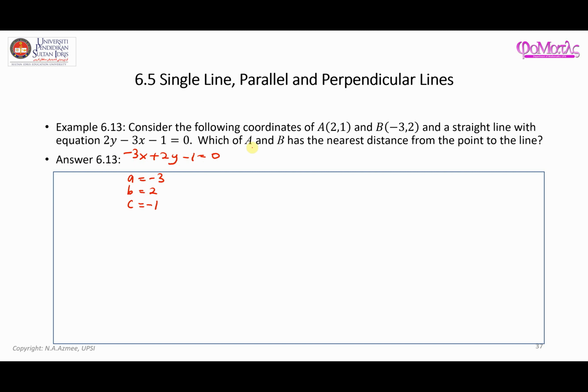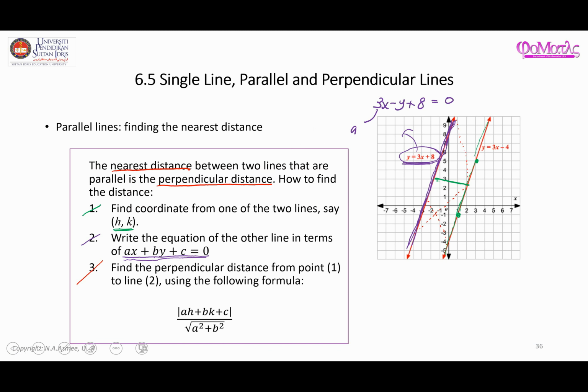It is asking you to check whether A or B has the nearest distance from the point to the line. Even though it is given in point form instead of a parallel line, you can actually apply the same method as for two parallel lines.